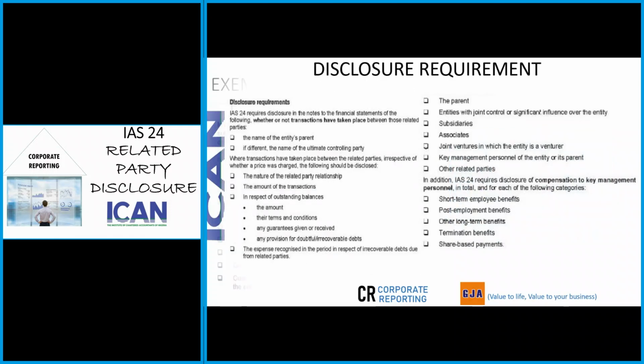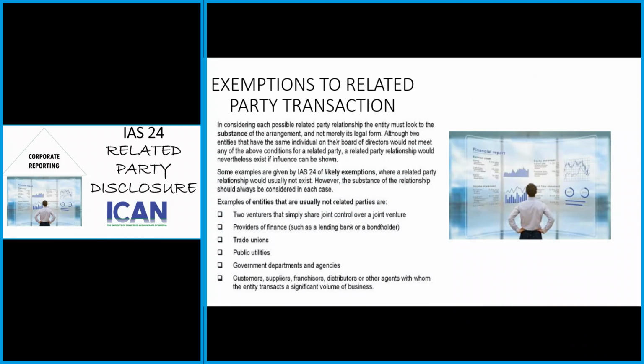Influence, influence, influence. We cannot but understand that influence will affect, just like the legal form could affect. In considering each possible related party relationship, the entity must look to the substance of the arrangement among them, and not merely its legal form.